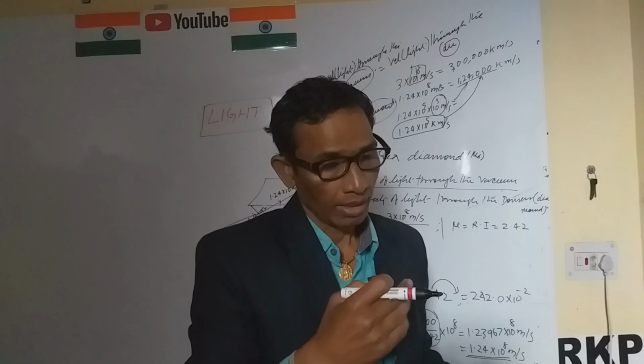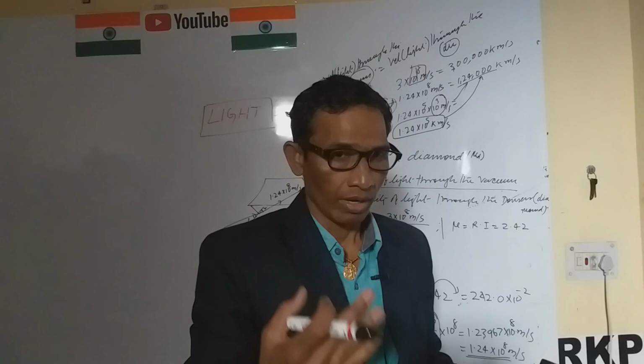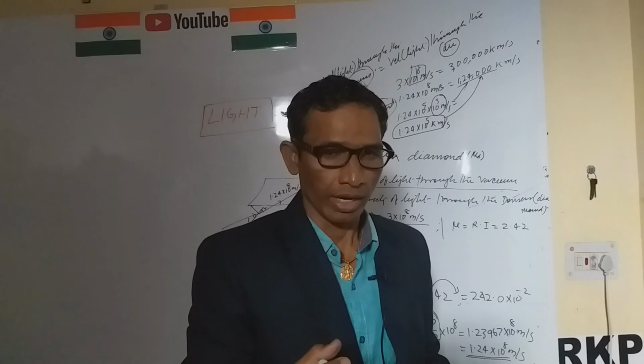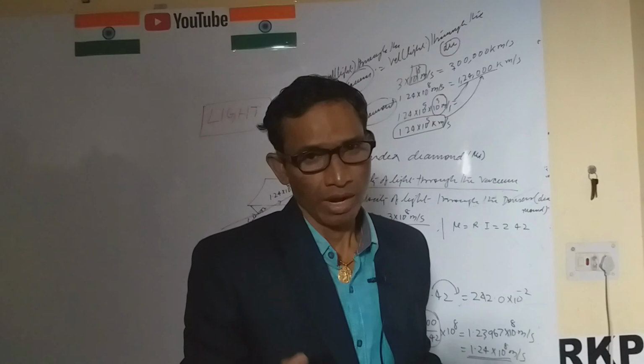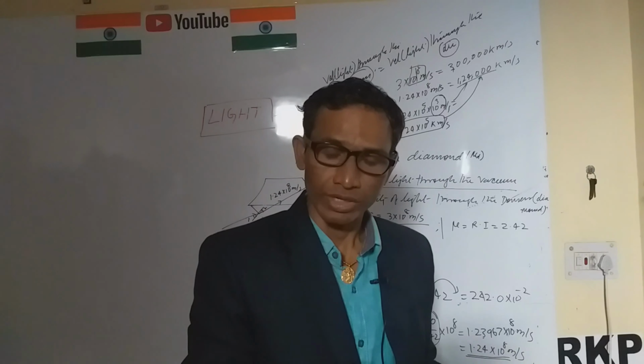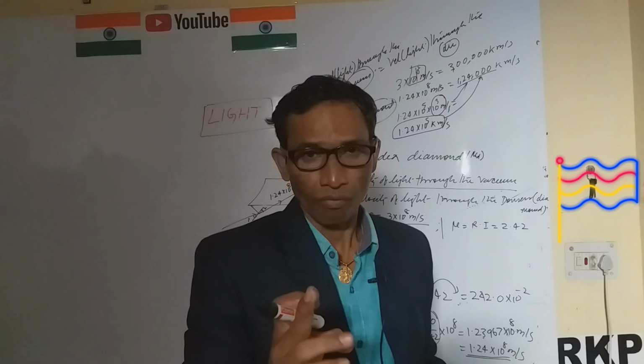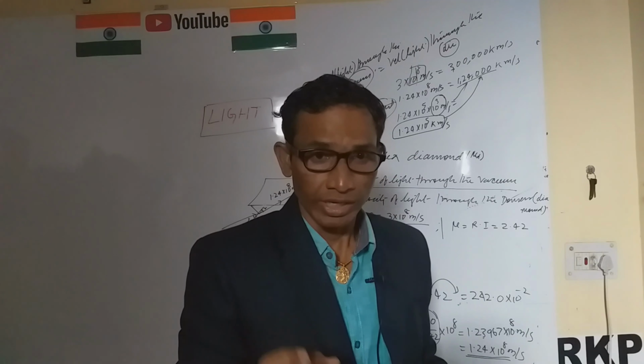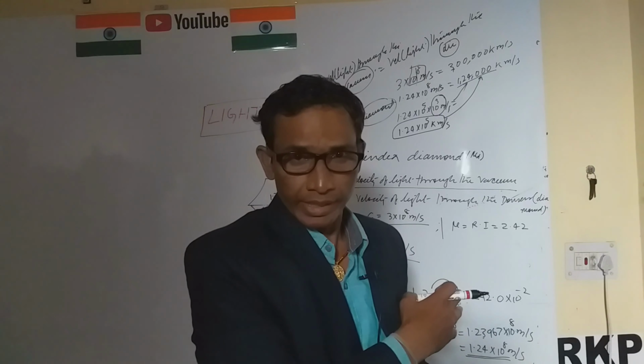Let's go through it. When the light travels or passes from rarer to denser or denser to rarer, in this case the refraction takes place. Whenever the refraction takes place, there is the scattering of the light. The Rayleigh scattering is implemented here.